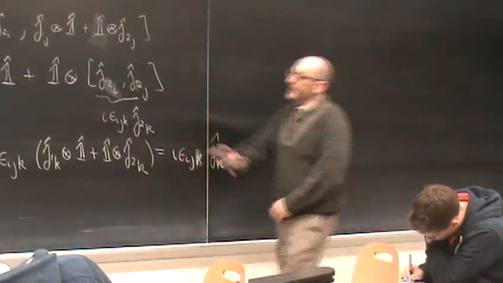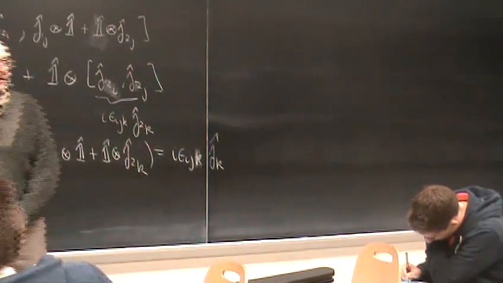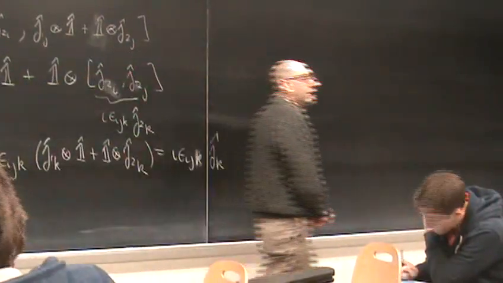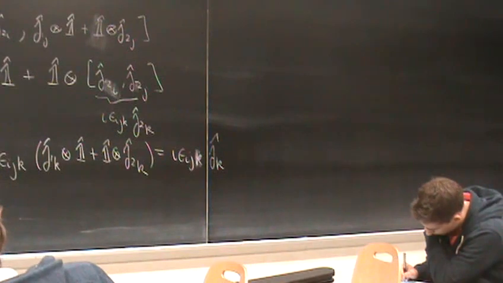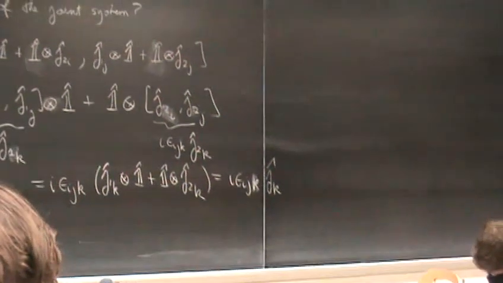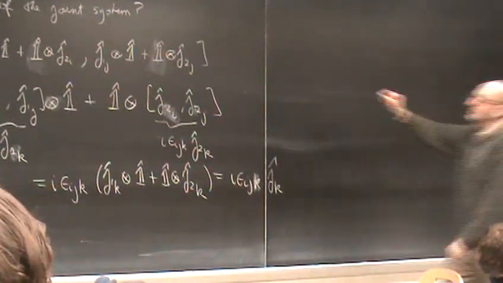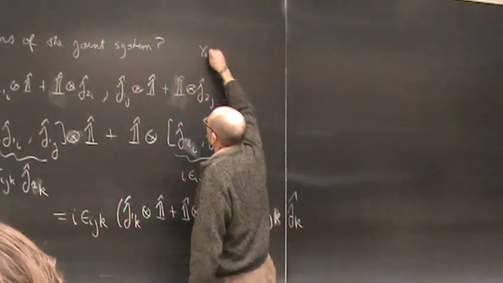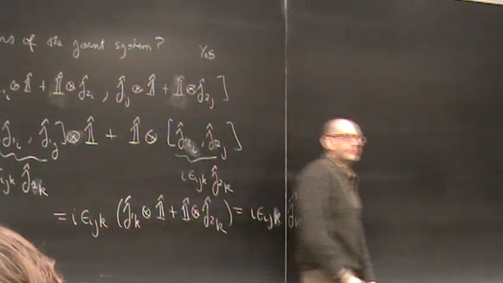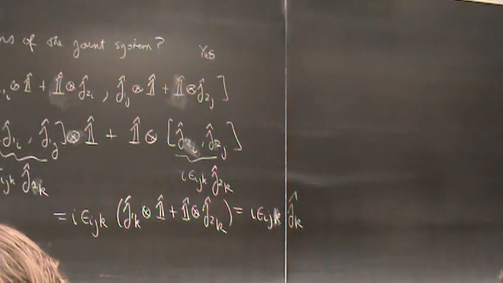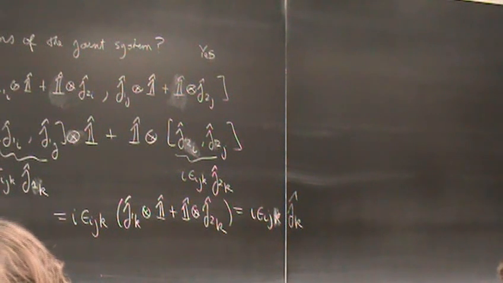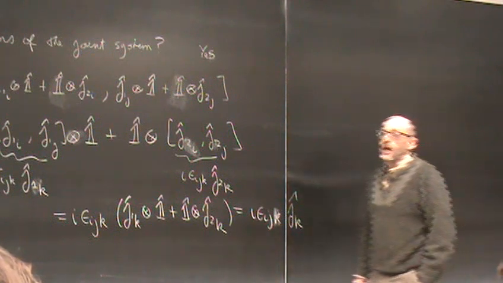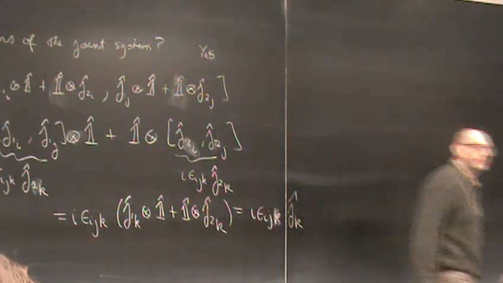Thus, indeed, this satisfies the expected commutation relations of an angular momentum. So the answer is yes. The components of total angular momentum satisfy the commutation relations that make them the generators of rotation of the total system.